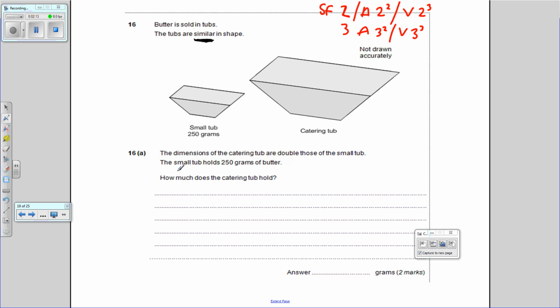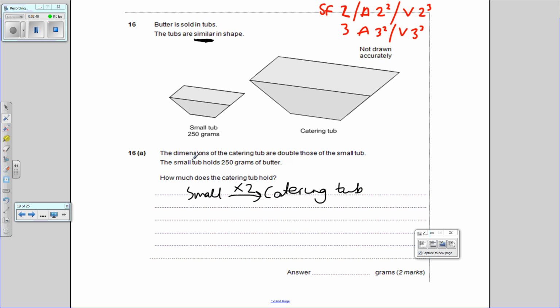The small tub holds 250 grams of butter. How much does the catering tub hold? The dimensions, so the lengths, are doubled to get to the catering tub, so the length scale factor is 2.